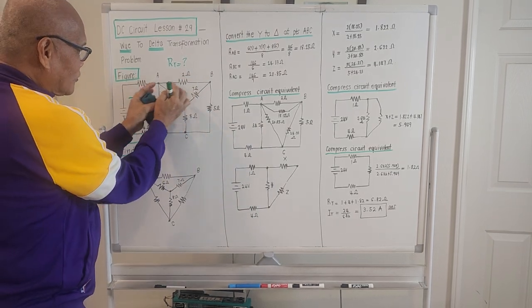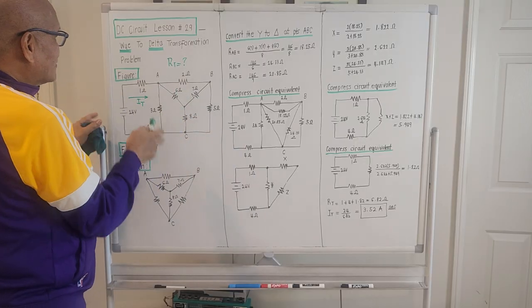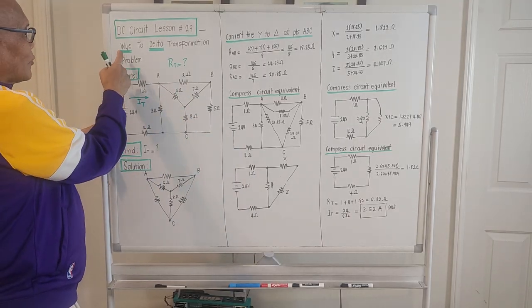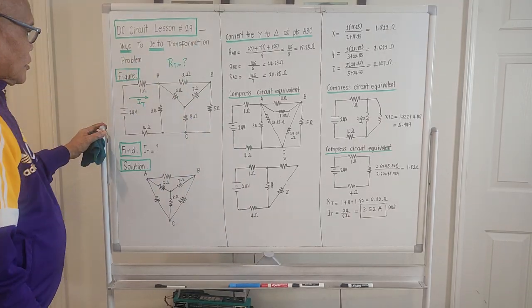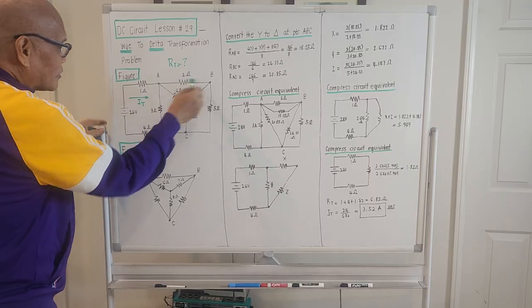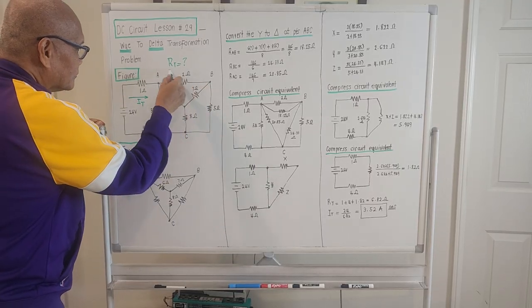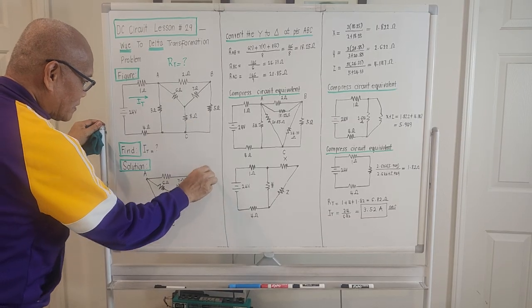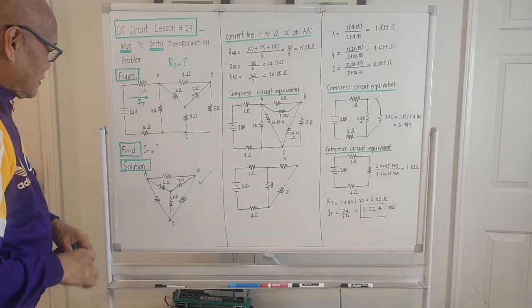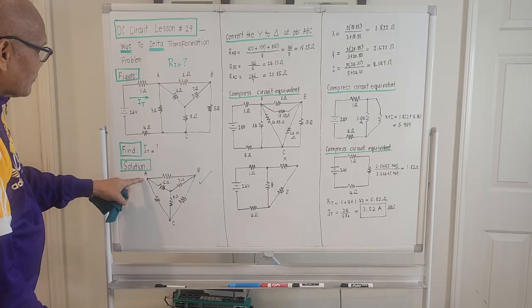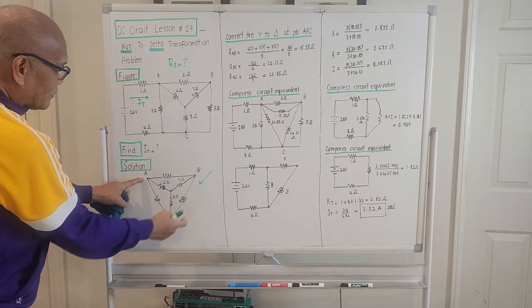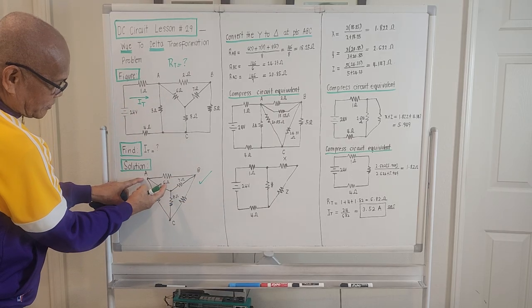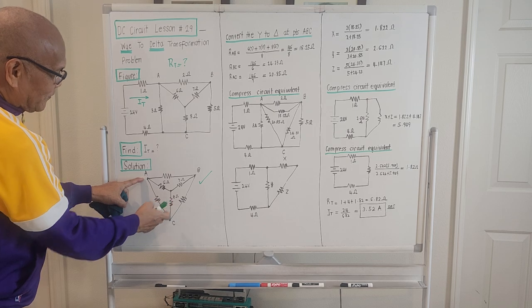So to simplify this portion here, we must have to use our knowledge of the Y to delta transformation. So I brought out this portion here. This across terminals A, B, and C, it will be this. Right? This is terminal A, terminal B, terminal C. This is 6, 7, 8.